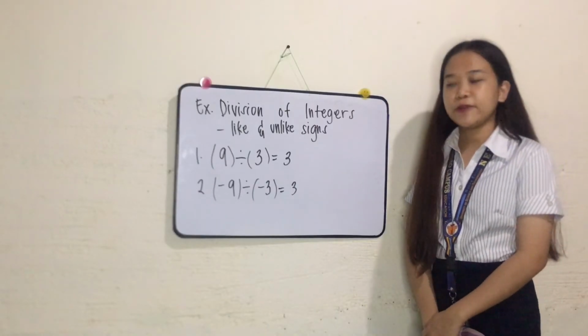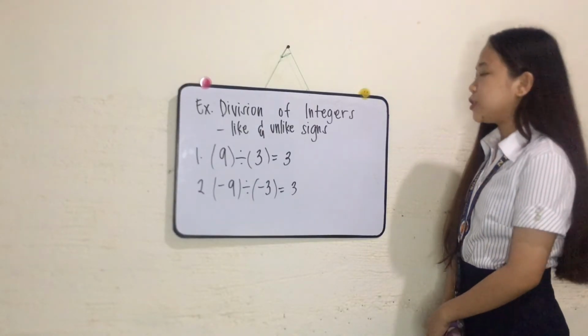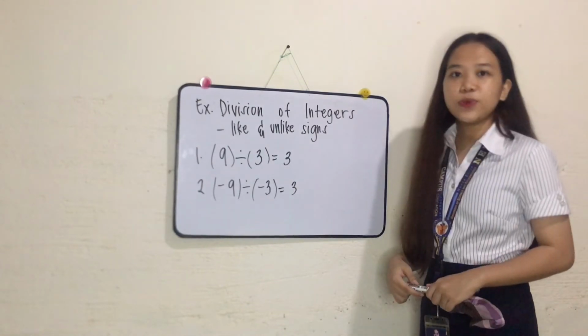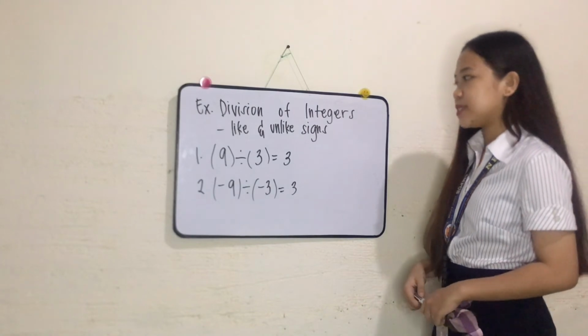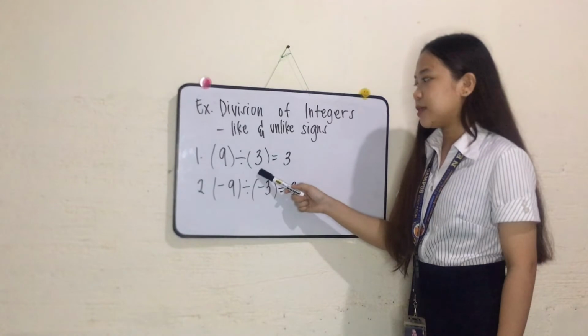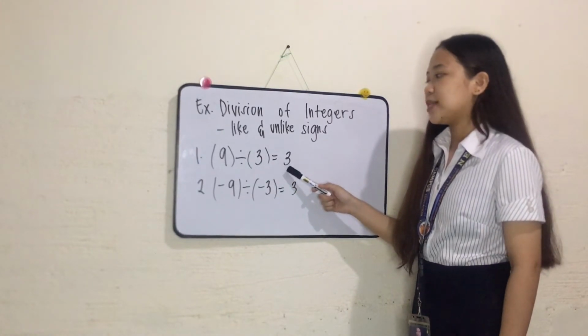Now, let's proceed to examples of division of integers having like and unlike signs. First, we have an example of the same positive sign, which is positive 9 divided by positive 3 is equal to positive 3.